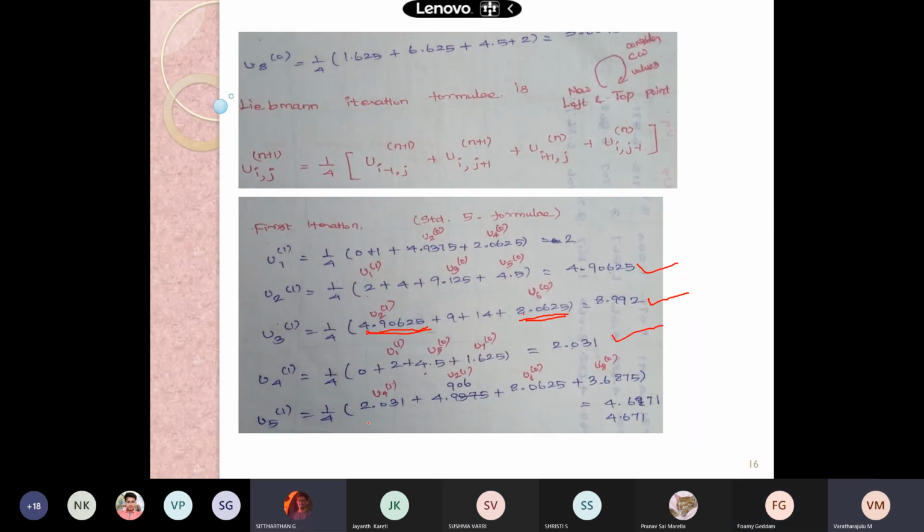2.3125. Very good. Sir, for U5, 4.666, sir, 4.66646. See here, till this point only one updation, but for calculating U5 both the points are updated in the same iteration.